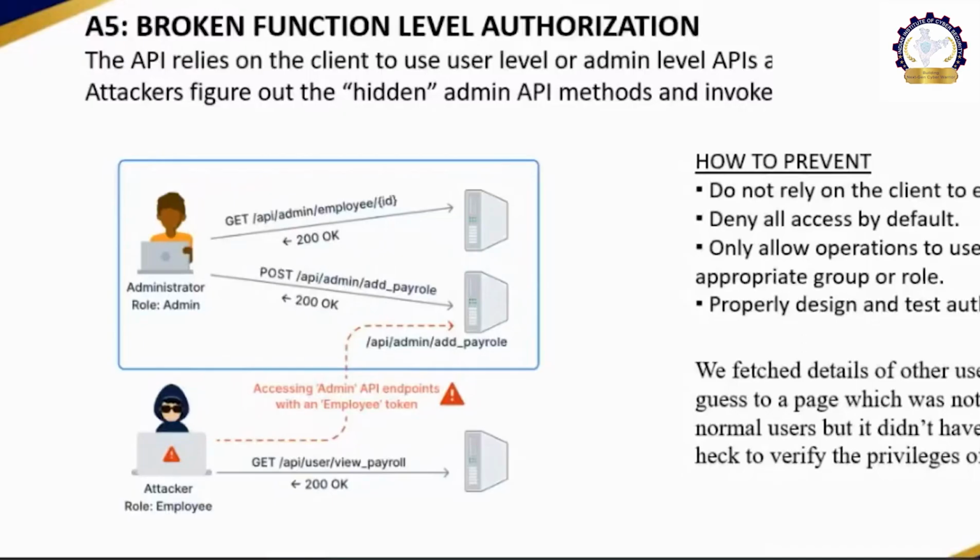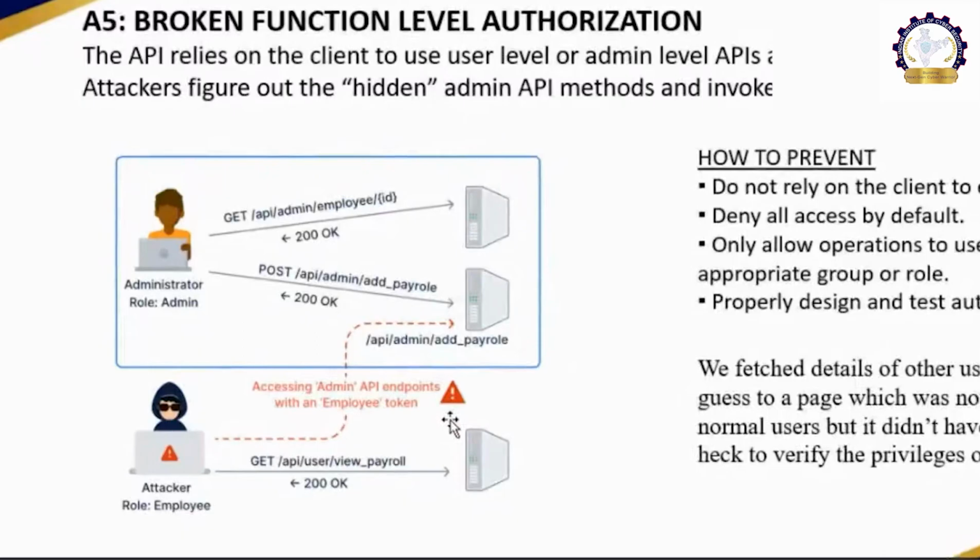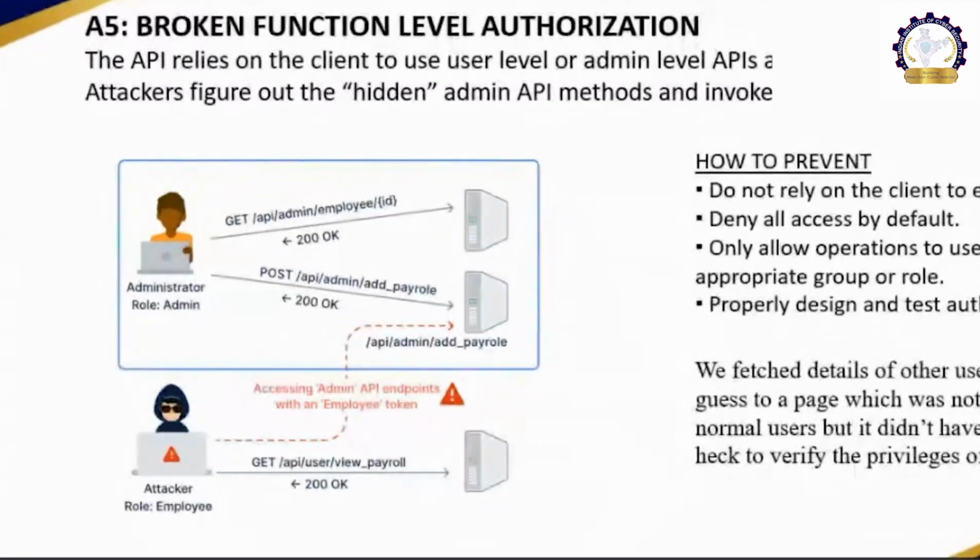Then there is a hacker outside of that functionality, and if he wants to check the payroll, see the URL: GET API user, then view payroll. This is happening because this is a normal user and there is an admin user. So what we can bypass here is, if the normal user just replaces the user value with the admin value, can he access the content?